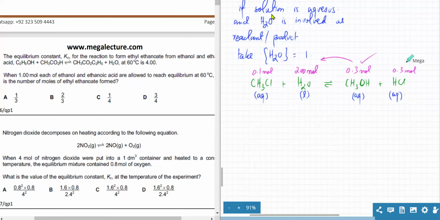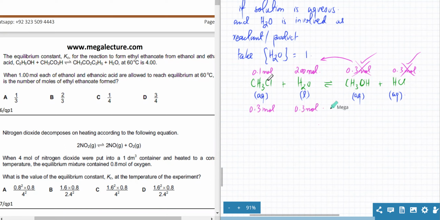All the 0.3 moles have reacted and are gone. So 0.3 moles would react with 0.3 moles to produce 0.3 moles of CH3Cl. And because it's 1:1, 0.3 moles of water would be produced as well, right?